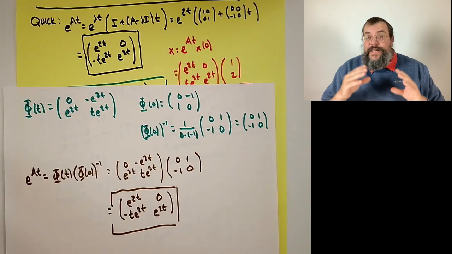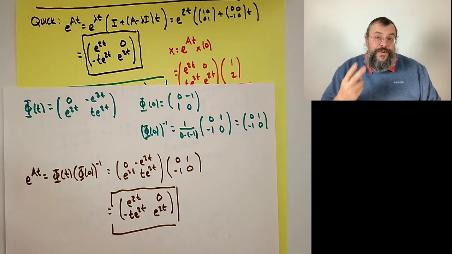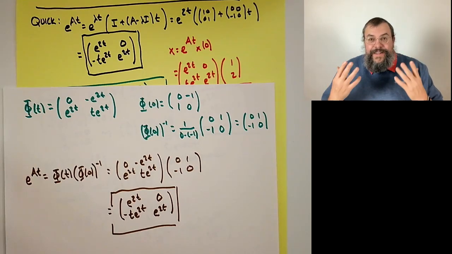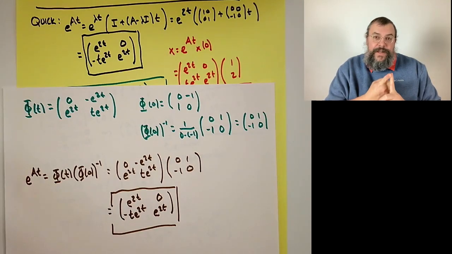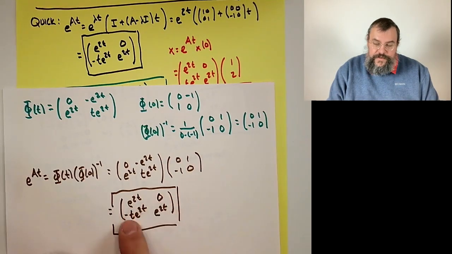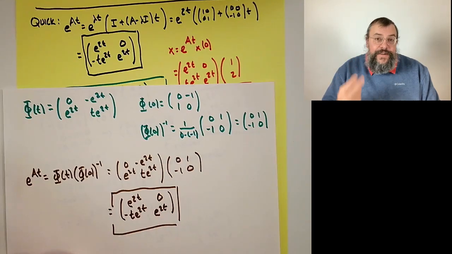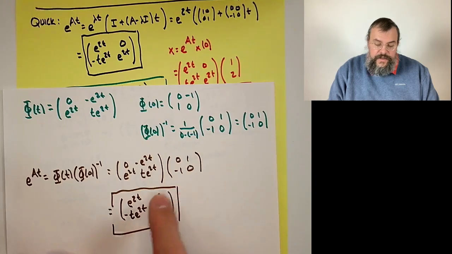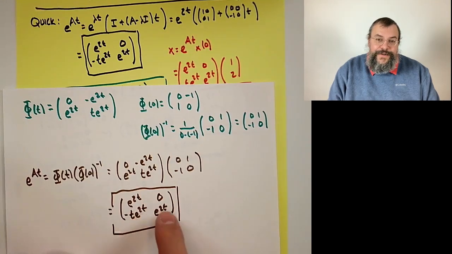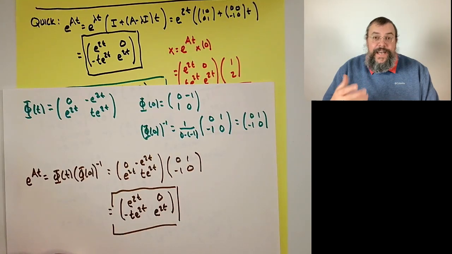By the way, there's some beautiful checks, especially for 2x2s, to say, did I get this right? So the checks are plug in 0. Do you get the identity matrix? I mean, you do 1, 0, 0, 1. Take the derivative. So in other words, 2e to the 2t, 0, some stuff here, product rule, and plug in again 0.